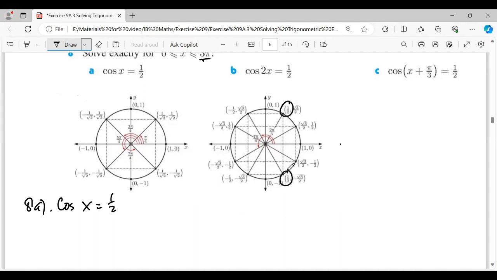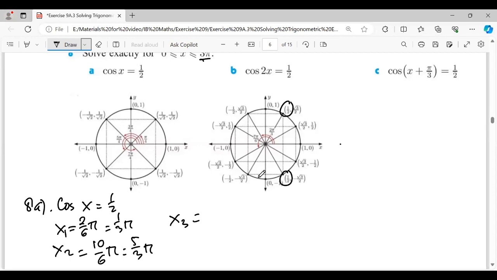It means x1 equals 2 over 6 pi, or 1/3 pi, and x2 is 10 over 6 pi, or 5/3 pi.